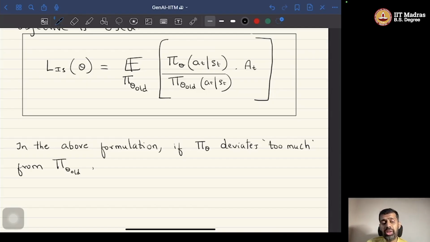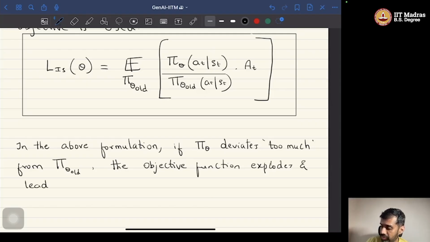Now, while doing this, if pi theta, which is the new policy that we obtain after gradient descent, deviates too much from pi theta old, which is the old policy, then the objective function explodes and leads to very high variance estimates, leading to instability.